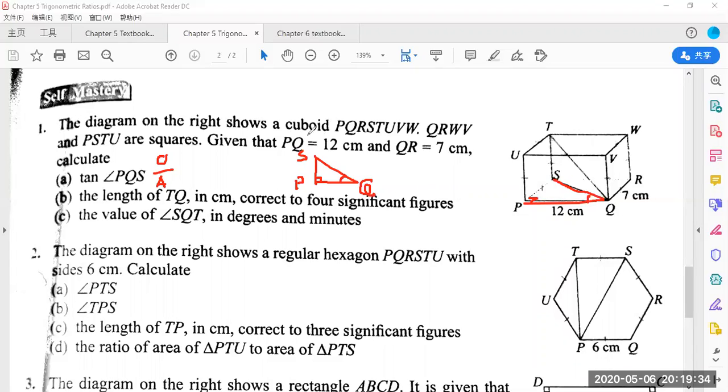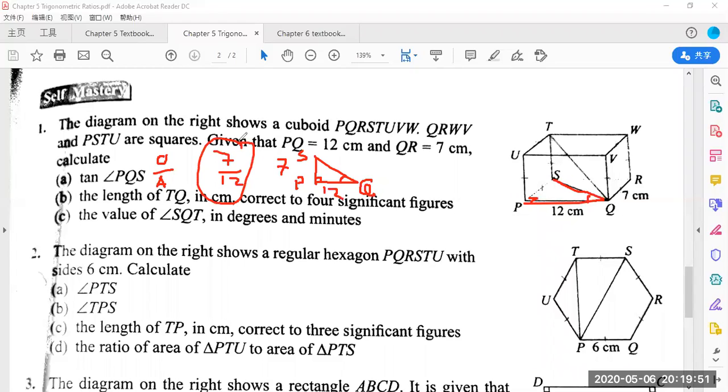So we draw like this, and then this one is 7 cm, this one is 12 cm. So O over A is 7 over 12, so this is the answer.